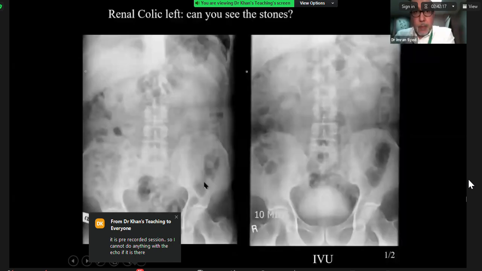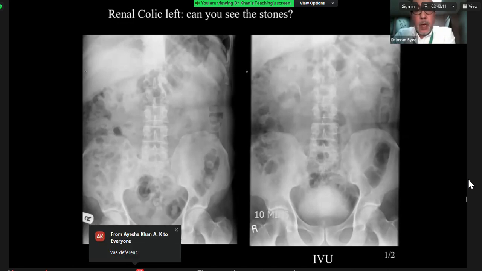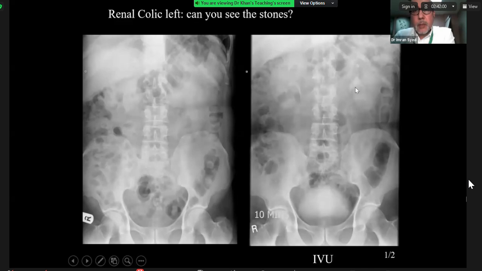So I'm going to give you this image, and this is a plain film on the left, and the one where it says IVU is a 10-minute excretory phase study, and you can vaguely see a bit of fullness of the collecting system on the left side, and you can see a nephrogram on this side as well, and you can similarly see the appearances on the right side. And so there may be a little bit of fullness of the left kidney. Can't really see a renal calculus.